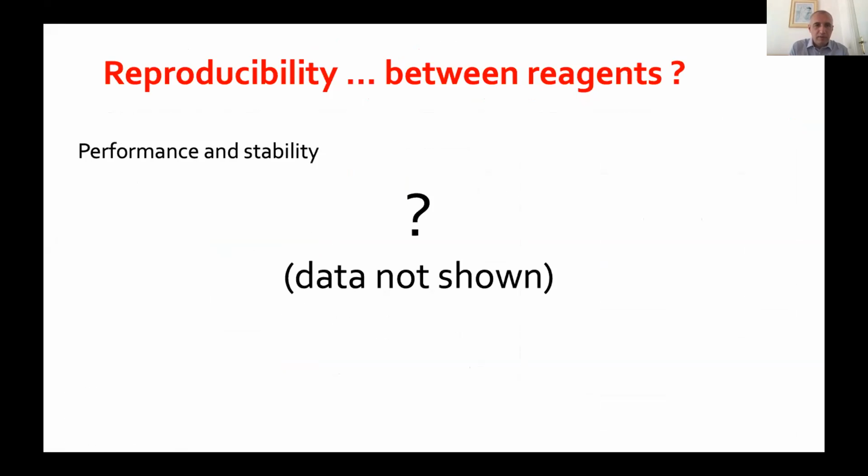The problem of performance and stability is actually really an open issue where not much data is available. The vendors are always claiming that they do quality control and they do it well, but the parameters of the quality assessment or quality control are typically not shared with the users.